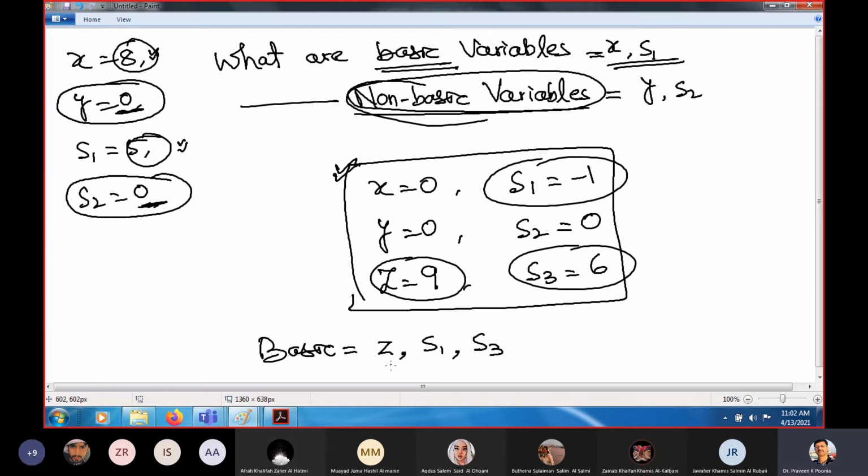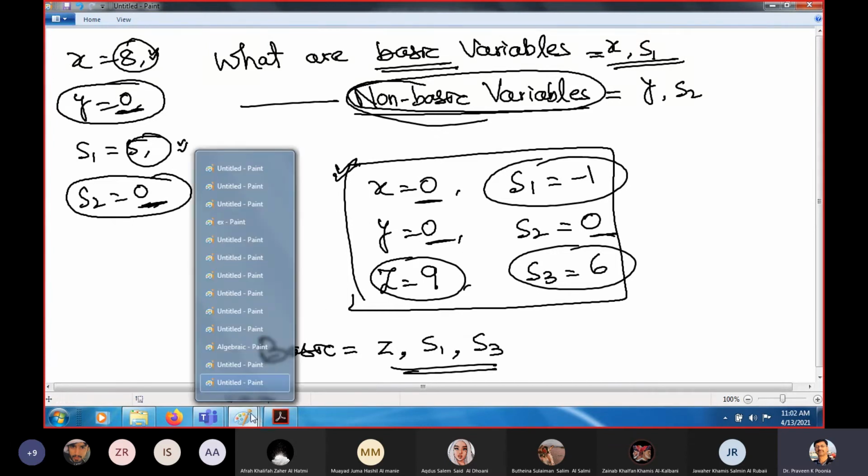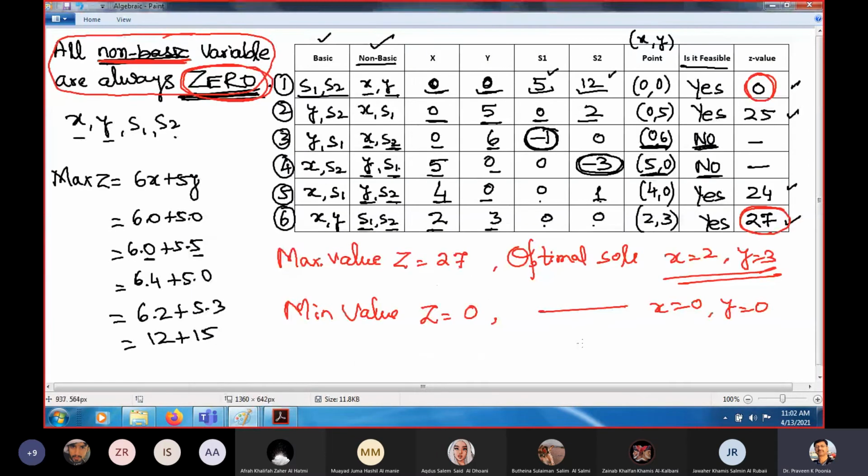These are basic because they are not 0. And if it is 0, these are called non-basic variables. These types of questions please practice. Okay. Now, we have finished a question with 2 equations and 2 decision variables, and we found the solution, non-basic as well as basic.